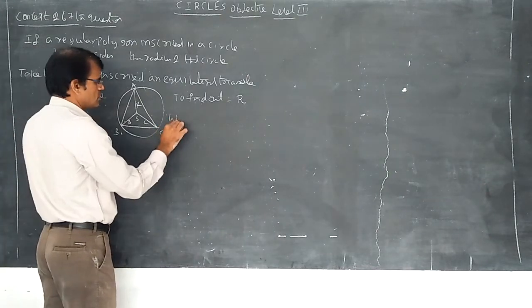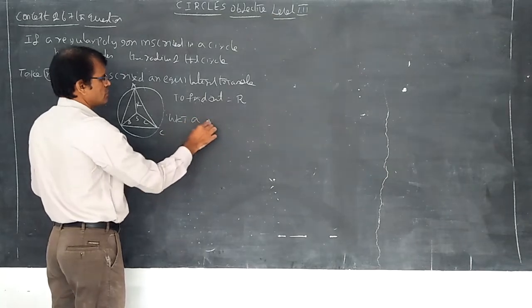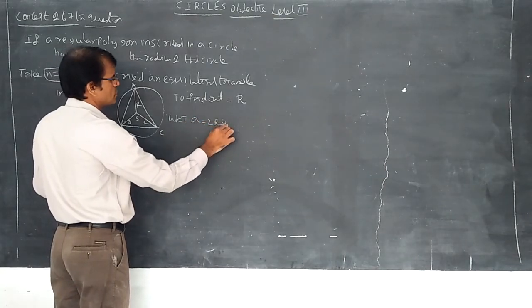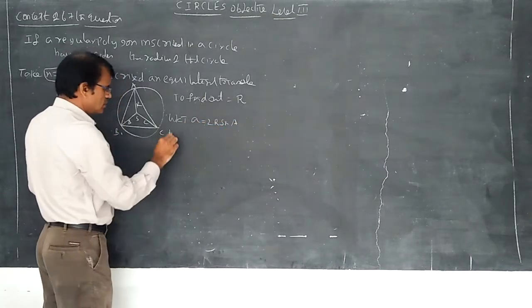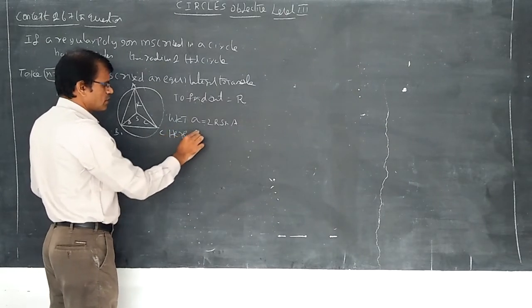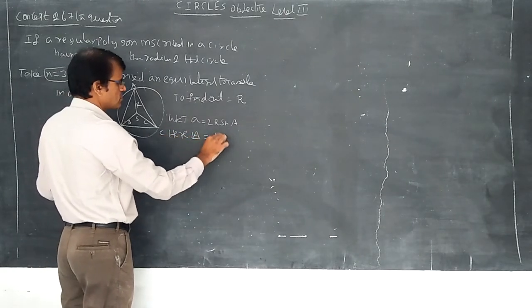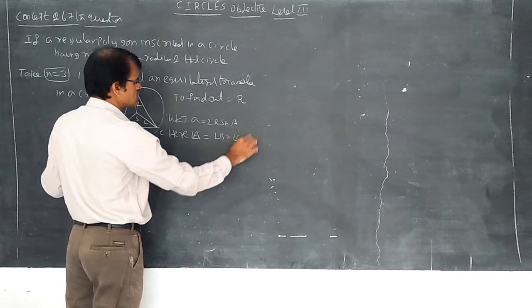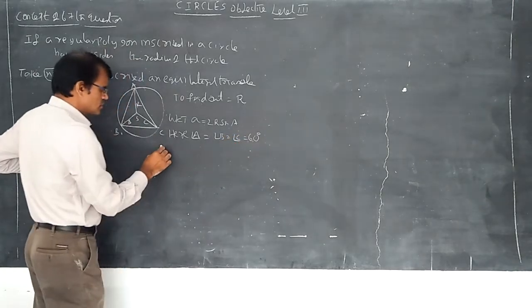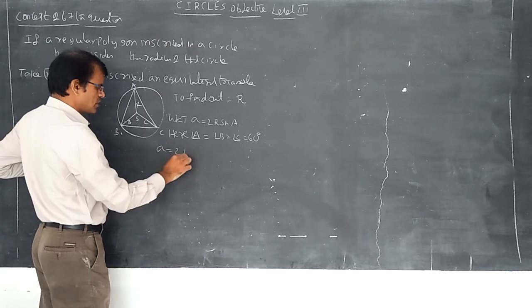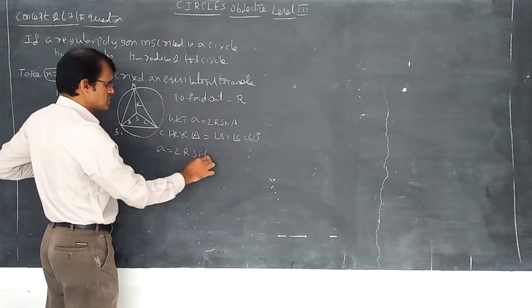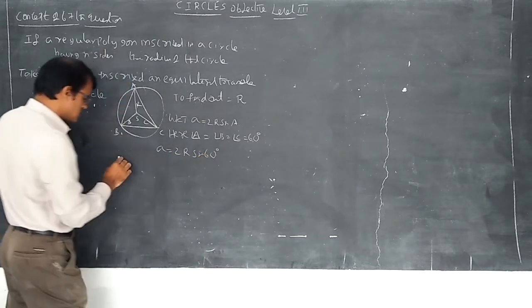So we know the formula. Small a is equal to 2R sin capital A. Here for an equilateral triangle, angle A is equal to angle B is equal to angle C is equal to 60 degrees. So a is equal to 2R sin 60 degrees.